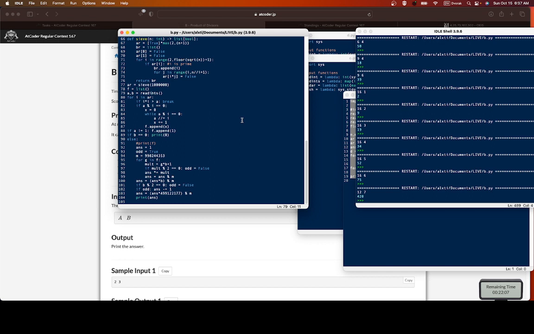We're doing our factorization wrong, aren't we? Is this factorization wrong though?